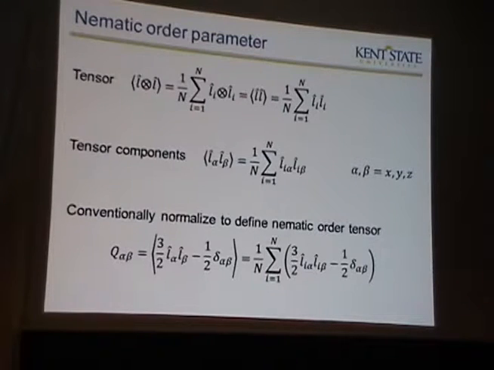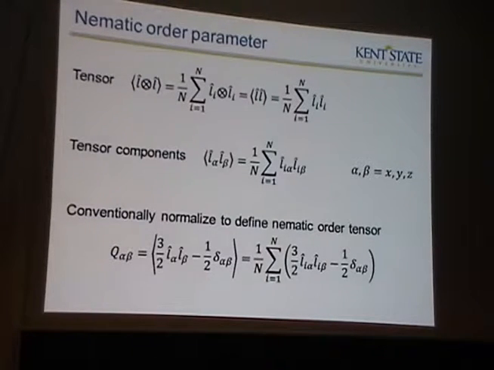And that average tensor is what carries information about the nematic phase. It's a phase with tensor order as opposed to scalar order or vector order. So I hope I've convinced you now that we don't just talk about tensor order because we want to confuse students, but we have to.